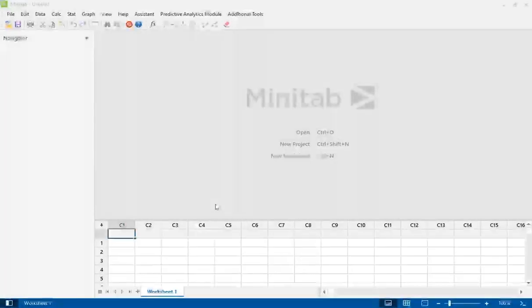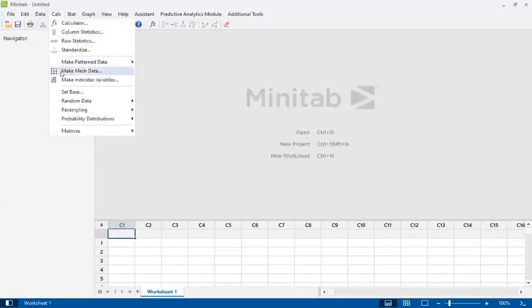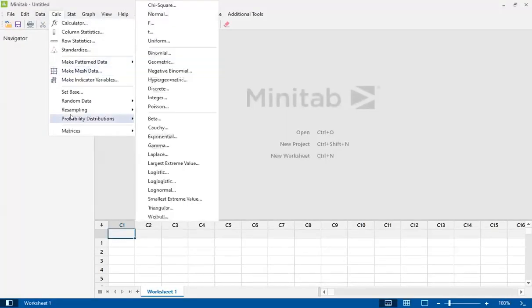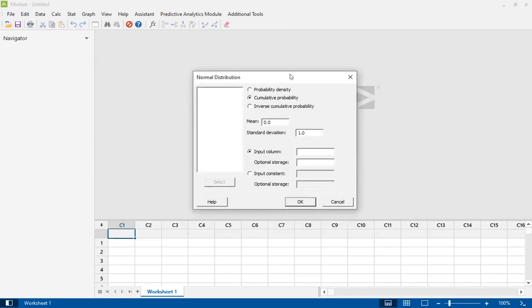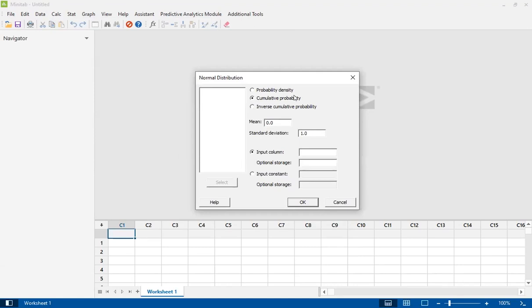Okay, remember to find normal probabilities, we go to Calc, Probability Distributions, and then Normal. Then we get this pop-up window up here. We're going to click Cumulative Probability, just like we said on our notes. The mean is going to be 25.